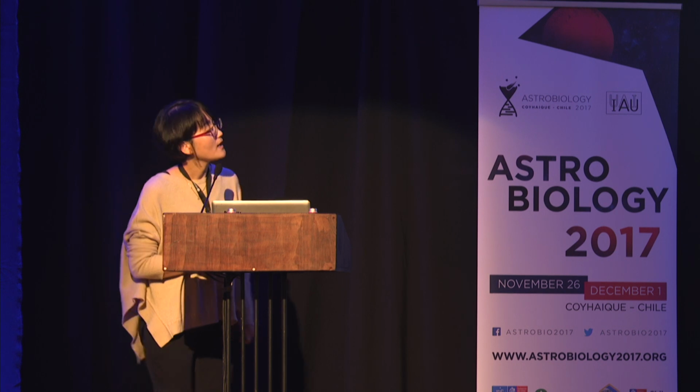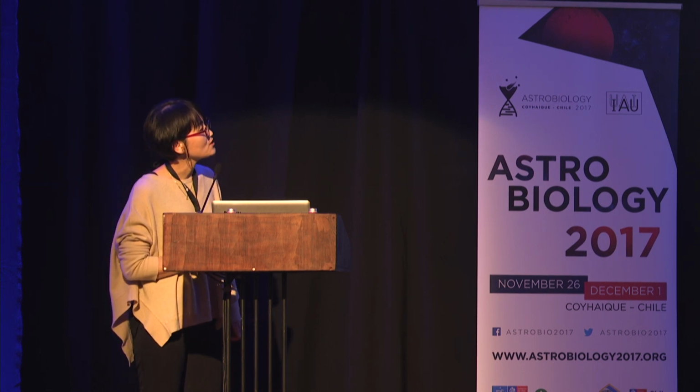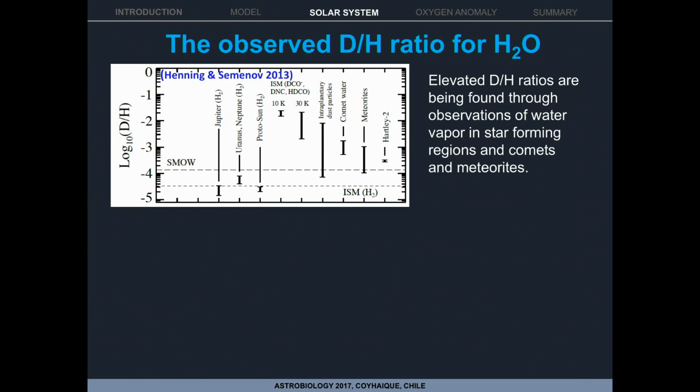The cosmic interstellar D to H ratio in H2 is about 3 times 10 to the minus 5, which sets the initial condition of a molecular cloud. And the protosun and Jupiter, which represent the gas in the early solar nebula, have a similar D to H ratio to that of the interstellar medium.